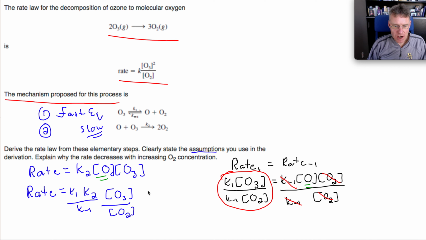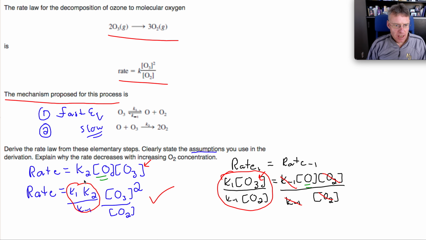And then we've got another ozone. We've got one already, and then we've got a second one. So I'm just going to square this instead of writing it twice. But again, the first one is coming from here. The second one is coming from there. So that's the second one. That's the first one. And our rate law matches what we were supposed to get. So this mechanism does make sense for this reaction. This is just a single K, which would be made up of those Ks in that particular ratio.